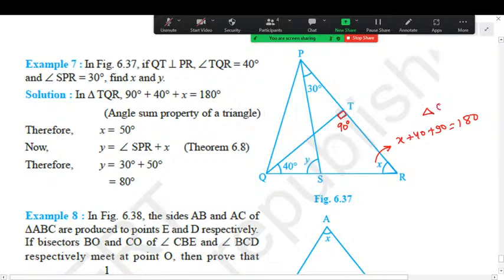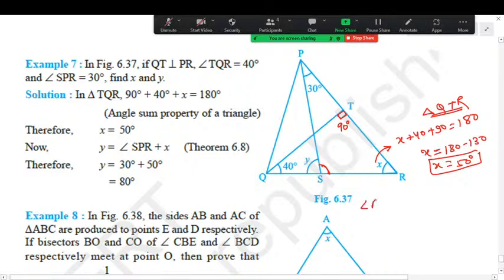Which triangle are you observing here? Triangle QTR is to be observed. And that's why x is going to be 180 minus 130, being 50. Here we obtain the value of x as 50. And you remember, if x is 50 and this is 30, can we tell this one?